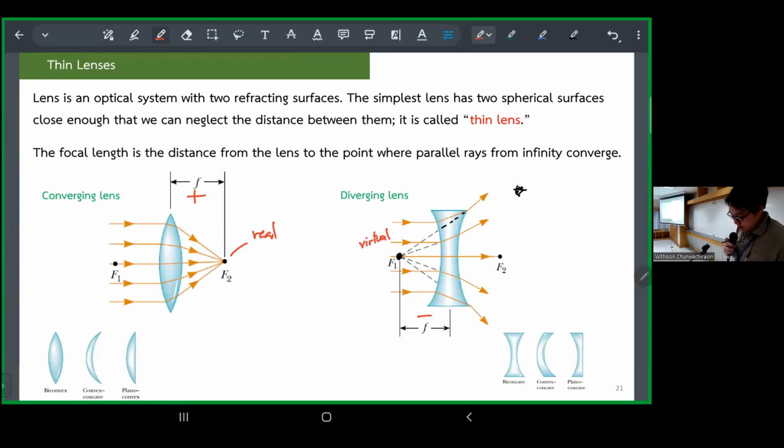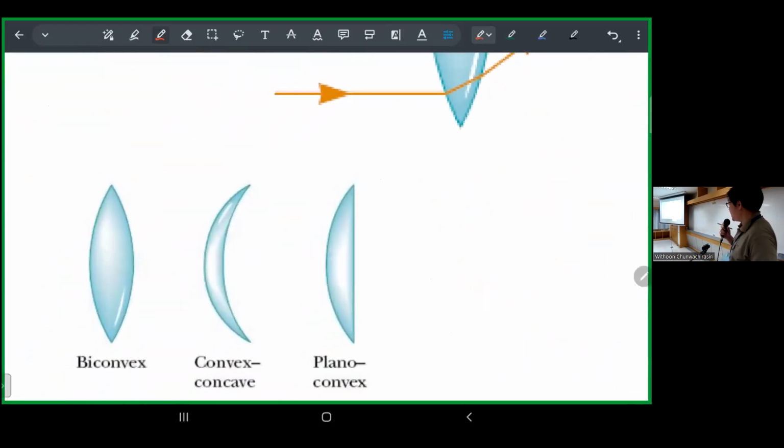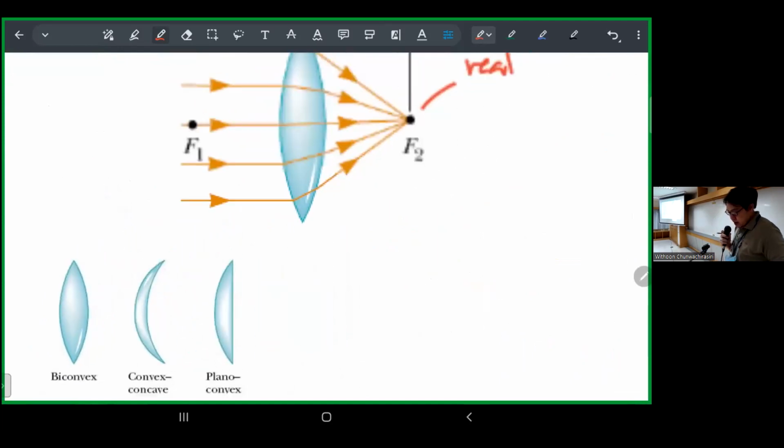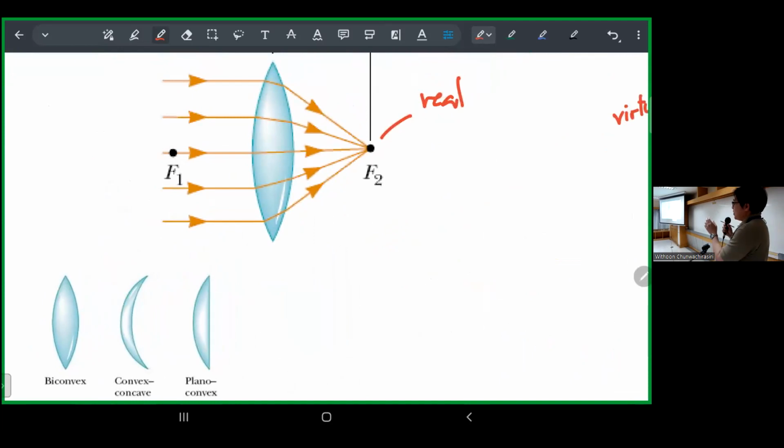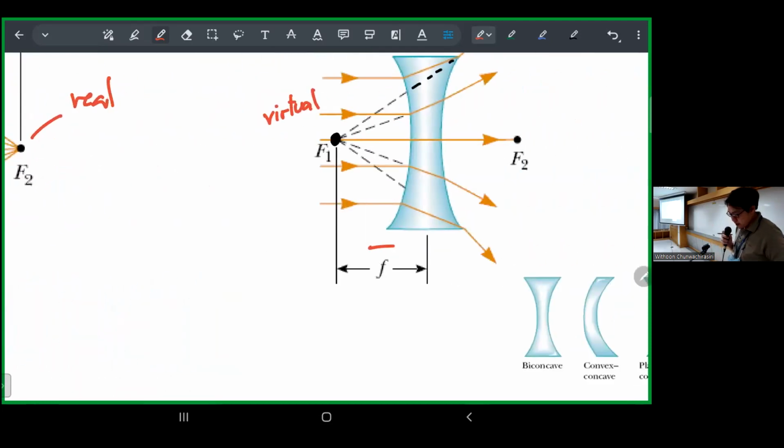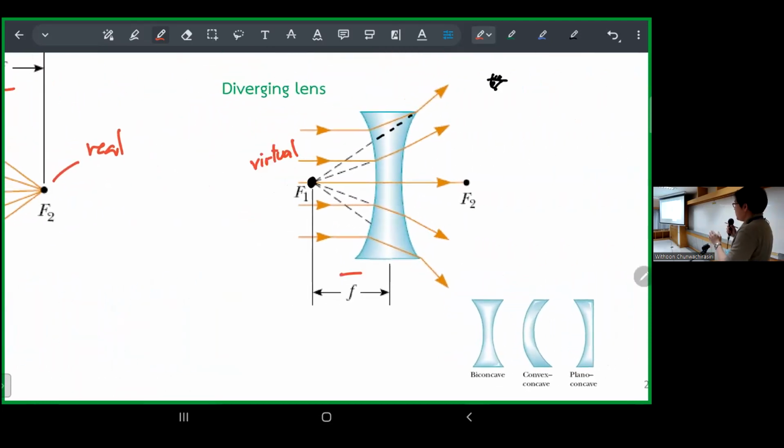Make it easy. But in reality, this is what I think is worth mentioning. When you talk about the converging lens, it doesn't have to be this shape all the time, even though in the textbook they sort of draw it like this. But whenever you have a lens where the center thickness is larger than the rim's thickness, that's always a converging lens. Same thing with this: you always have a diverging lens every time the thickness at the center is smaller than the thickness at the rim.